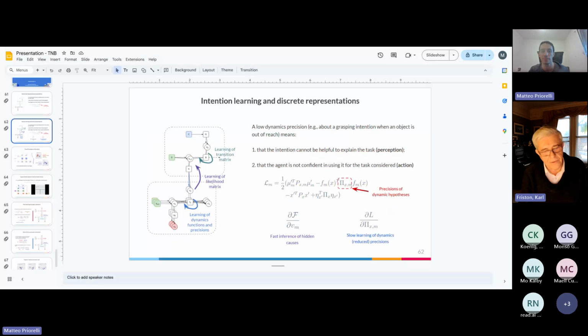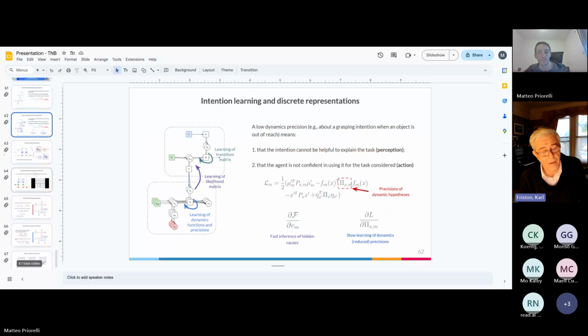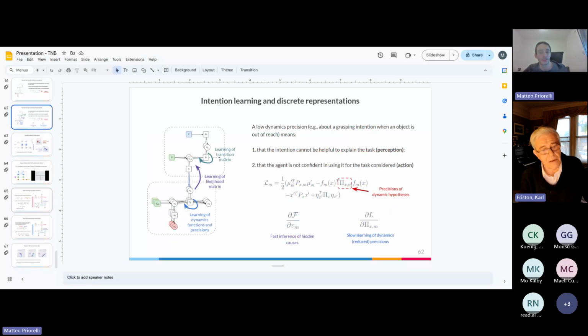So I think you're right, you've got that learning of dynamics and precisions, in the sense that the dynamics of the transitions amongst intentional states at the discrete level are the high level dynamics. Then you'll implicitly be learning the precision of these transitions in a Bayes optimal way.